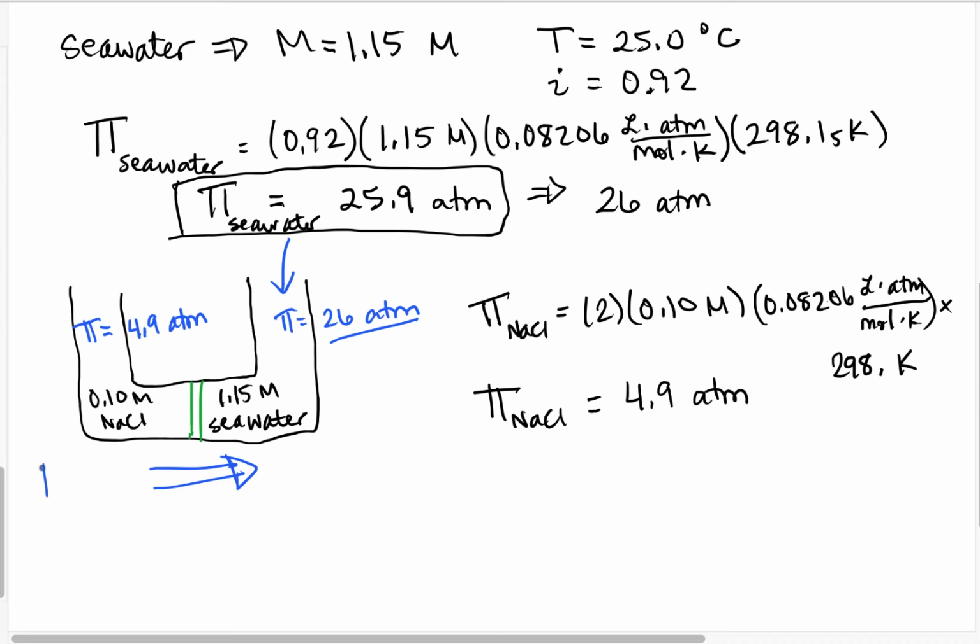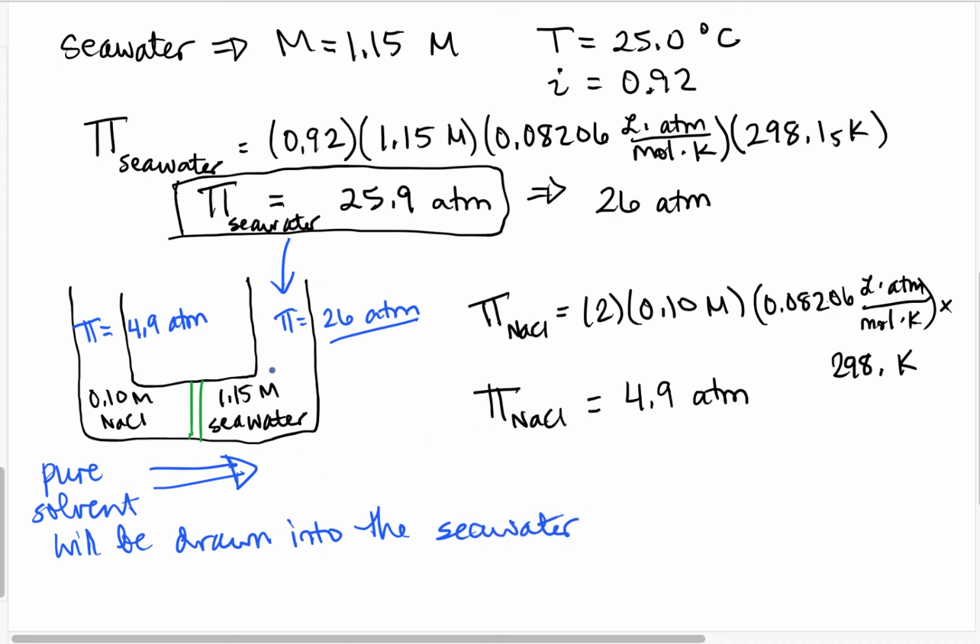And so the solvent from inside the sodium chloride will be drawn into the seawater to dilute it, which will reduce its pressure.